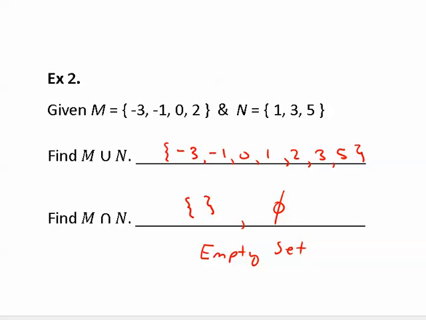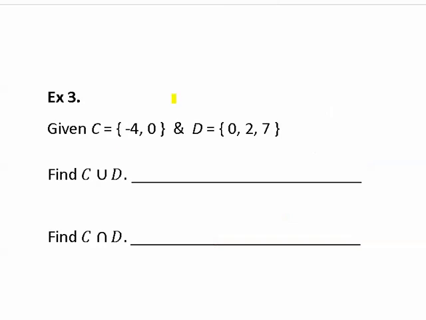Let's take a look at another example. All right, in example 3, we have two sets. We have C and D. C contains two elements, -4 and 0, and D contains the elements 0, 2, and 7. So the union, we have -4. Let's see if we can put these in order as we go here. 0, 2, and 7.